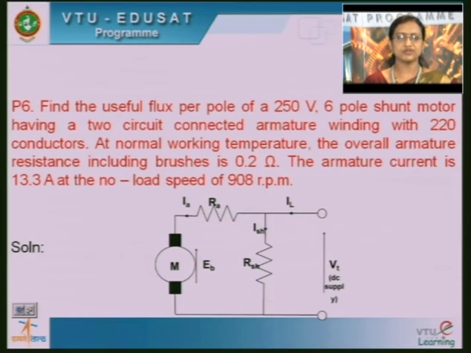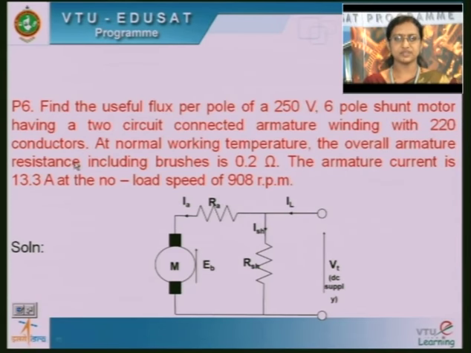In this, you have to find the useful flux per pole phi. The voltage is given as 250 volt. It is a 6 pole shunt motor having a two circuit connected armature winding with 220 conductors. Z given is 220. At normal working temperature, the overall armature resistance including brushes is 0.2 ohm.